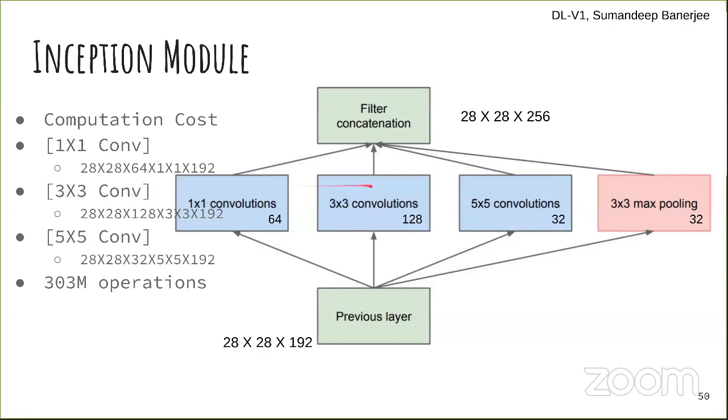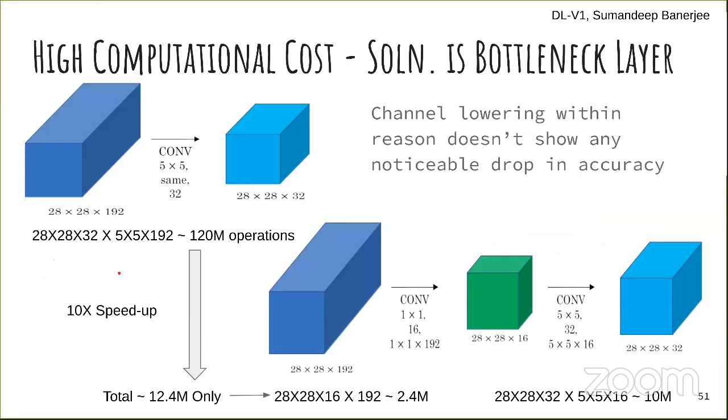And for the 3 by 3, the number of operations is this. For the 5 by 5, the number of operations is this. I'm not counting the max pooling operation, since it's just a max operation, so it's a kind of fixed cost. We cannot optimize that. So it came out to around 303 million operations. That's a pretty high computational cost.